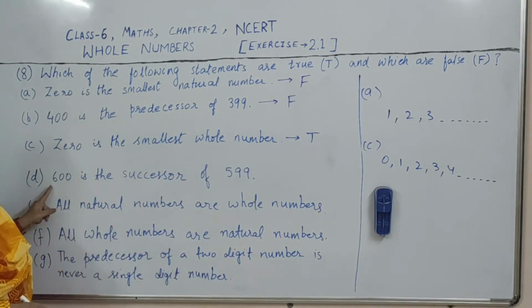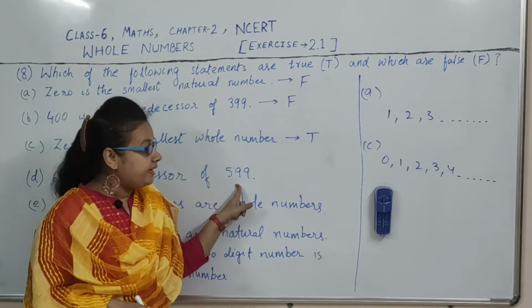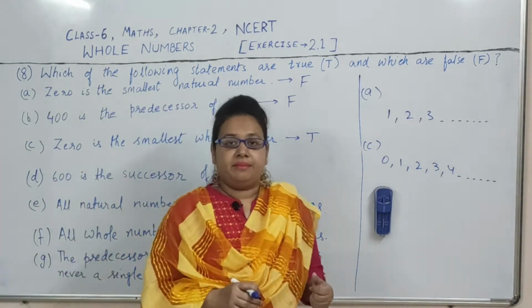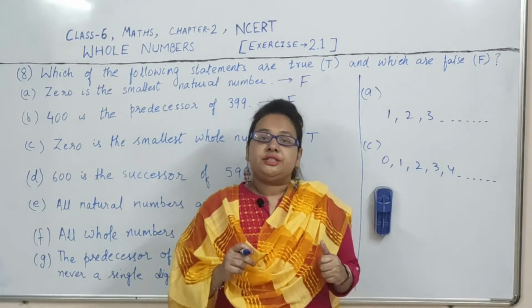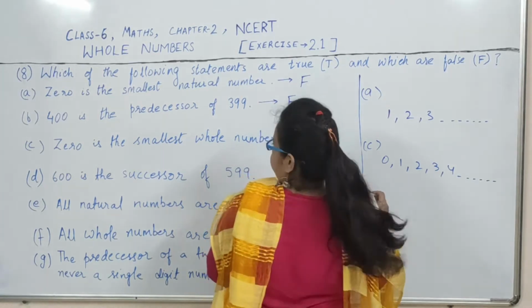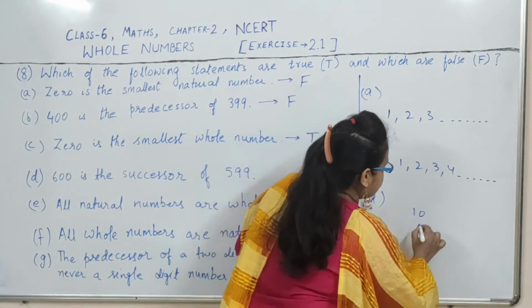Now let us see the next question. 600 is the successor of 599. What is the successor of any number? Successor of any number is a number which comes just after that given number. See, what will be the successor of 10?